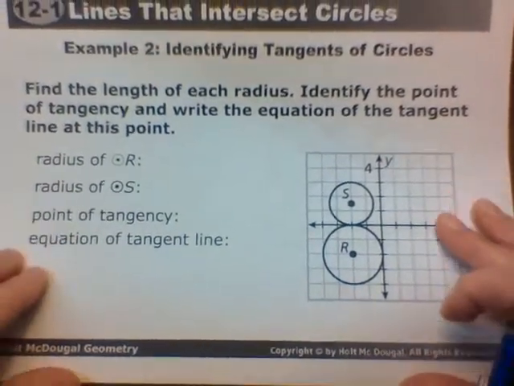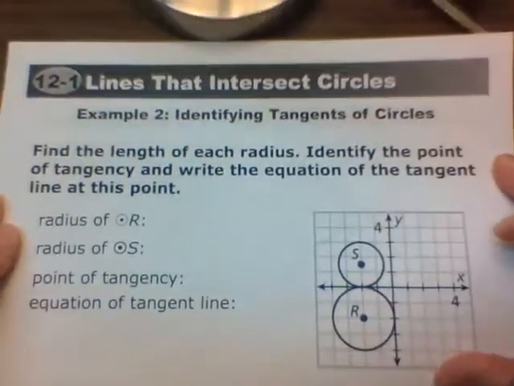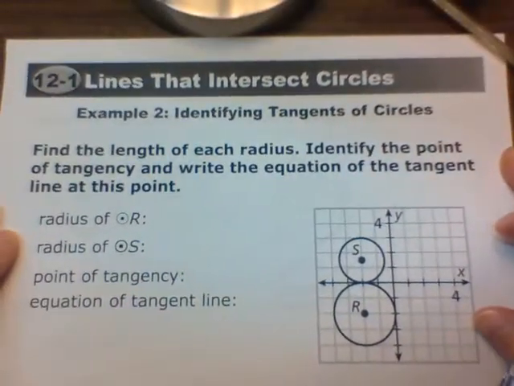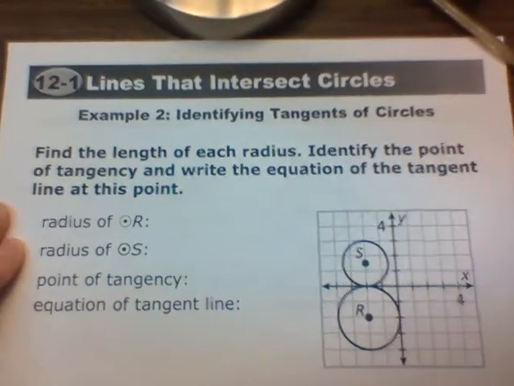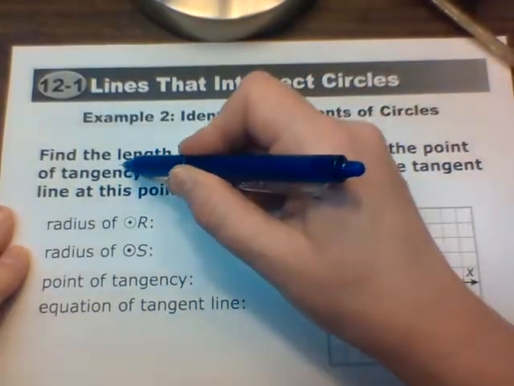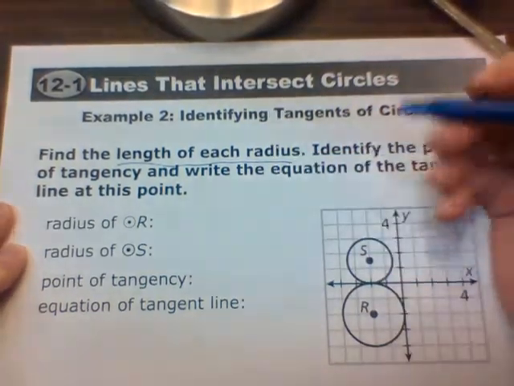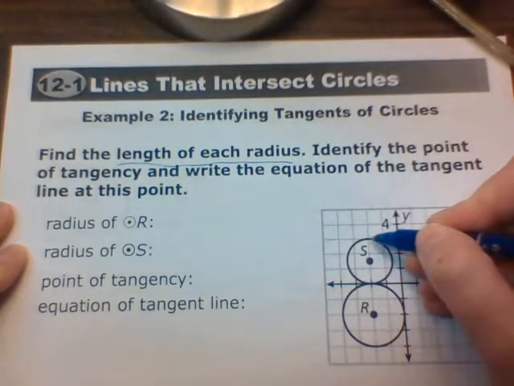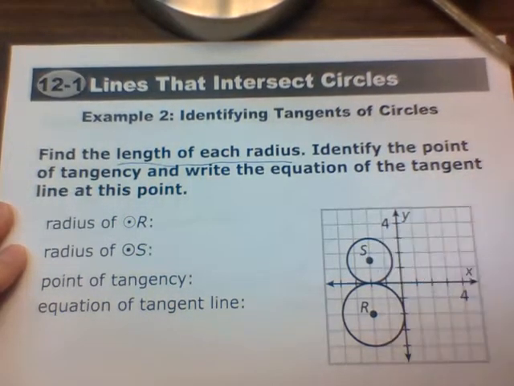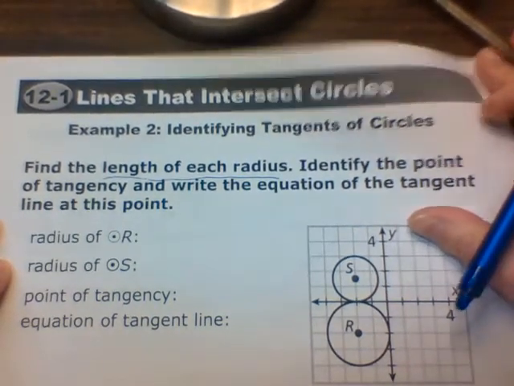So now that we know about points of tangency, we're going to identify tangents of circles and find the length of each radius. And you might think that length might come from distance formula or whatever, but in this case, it is lined up so that your radius can be found exactly on the line of the grid.